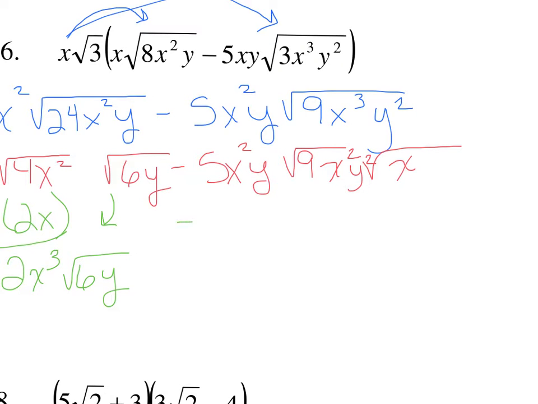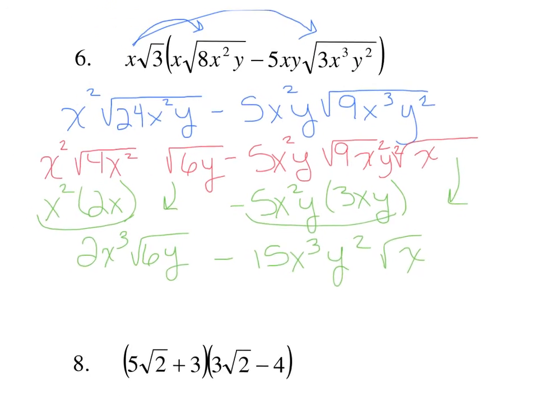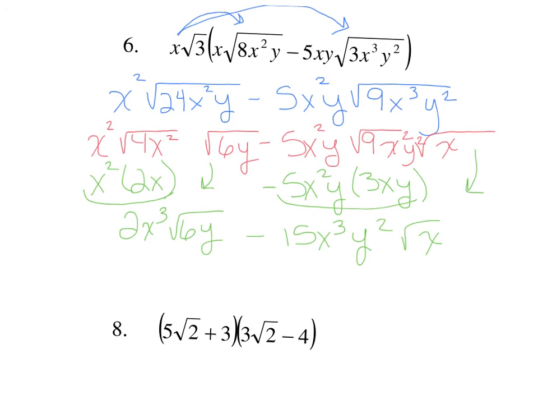So we're going to multiply 5x squared y times the square root of 9, which is 3. The square root of x squared is x. The square root of y squared is y. When I multiply these together, I get negative 15x cubed y squared, and these not perfects come straight down. So there's our final answer there.